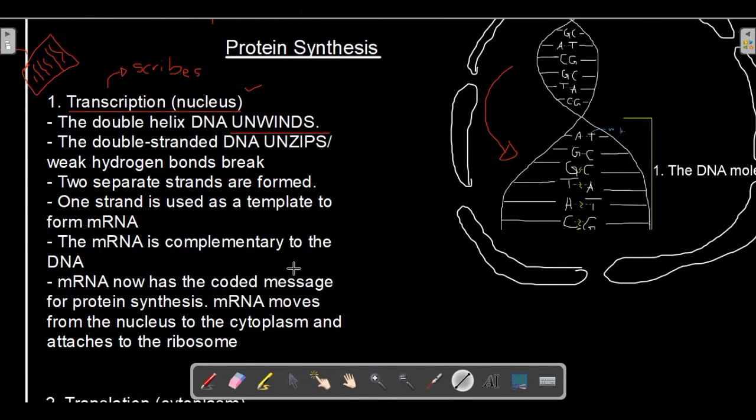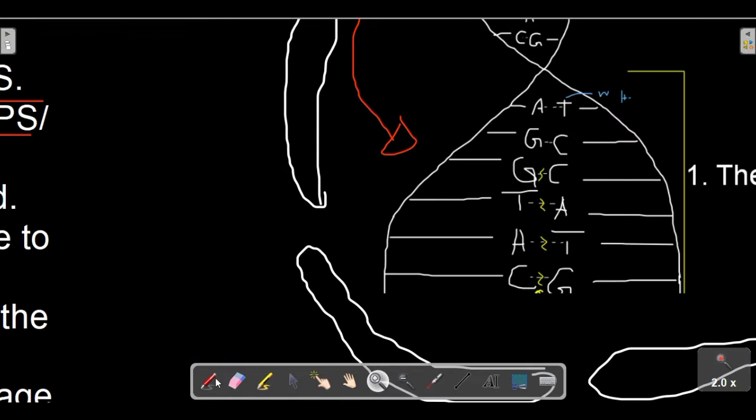The second step is that it unzips. The double-stranded DNA unzips, and in the previous lesson we said that by unzipping, we mean that its weak hydrogen bonds between the complementary nitrogenous bases break.